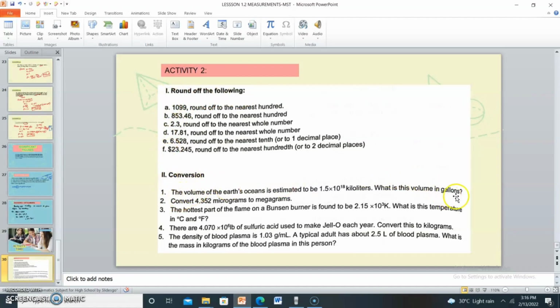Convert the volume in gallons. Number 2 is micrograms to milligrams. Next is Celsius to Fahrenheit. Then next, convert these kilograms. And 5 is how to calculate the density. So that's all. Thank you and see you in the next video.